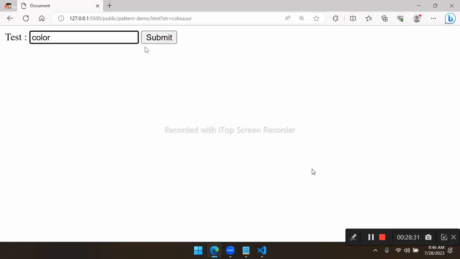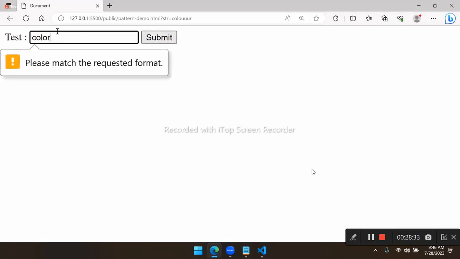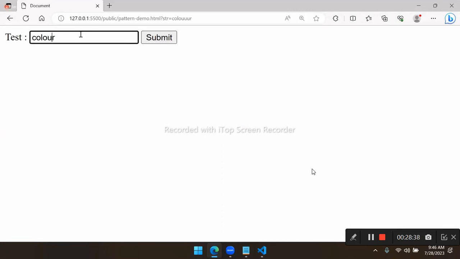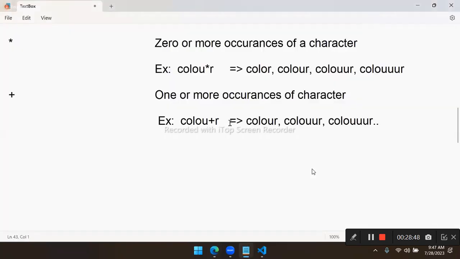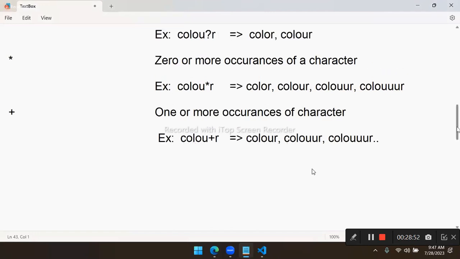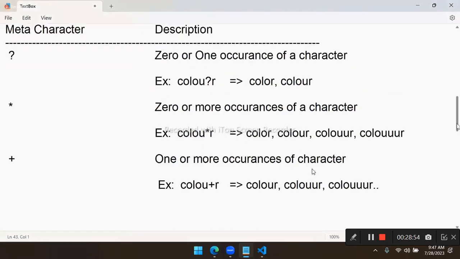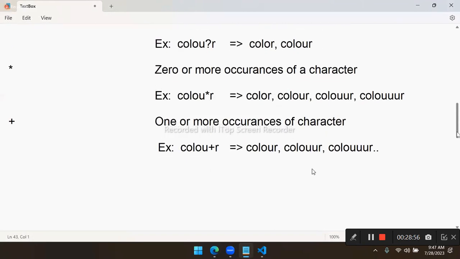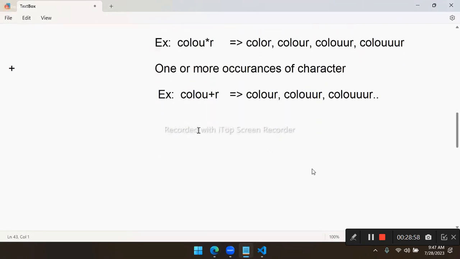Without U, it's not allowed. That means U occurrence is mandatory. 1 time it should be there, and you can have many times. COLOUR, many times it is allowed. So without that, it is not allowed. So this is another meta character we are having: question mark, asterisk, and another one, plus.